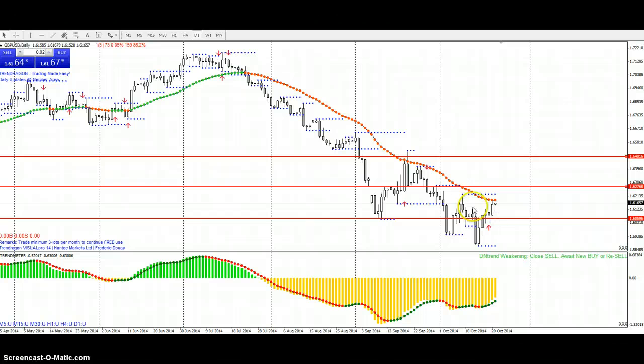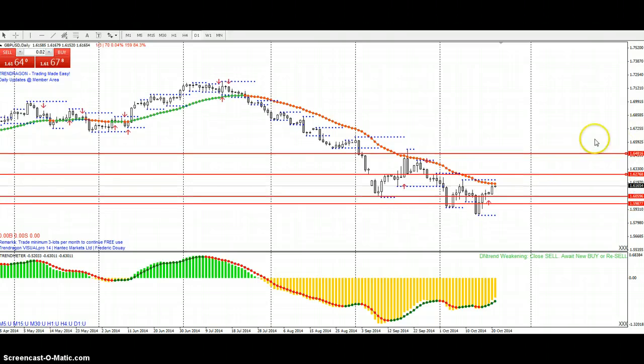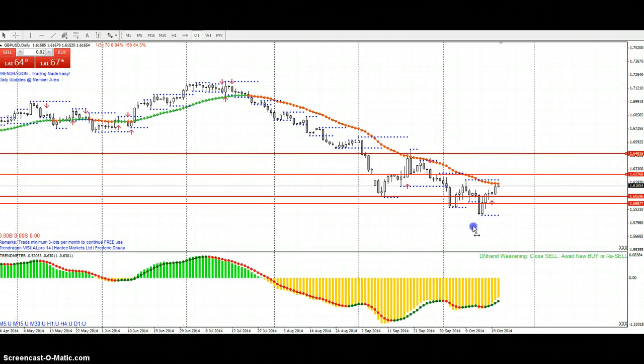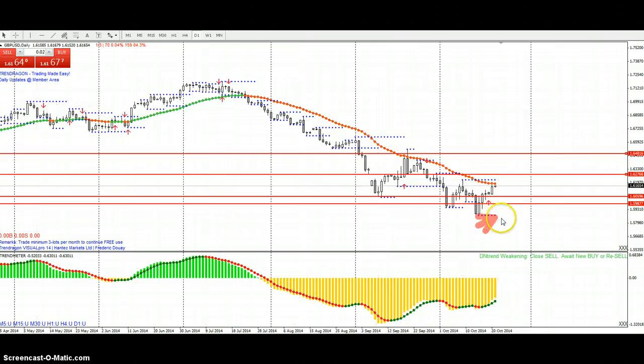So we'll be looking at this level. Of course, the main level is if the market breaks the previous pivot level here, then obviously it will be a good sign that the market will resume its downward trend.